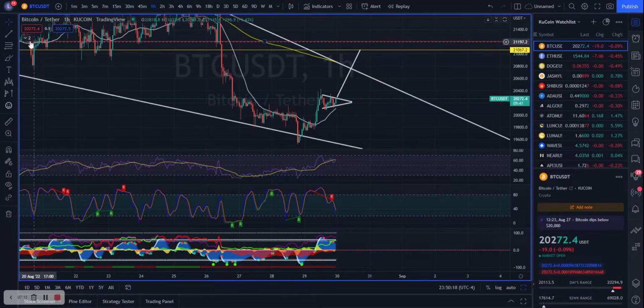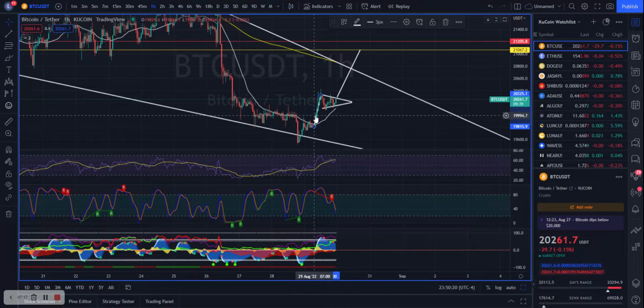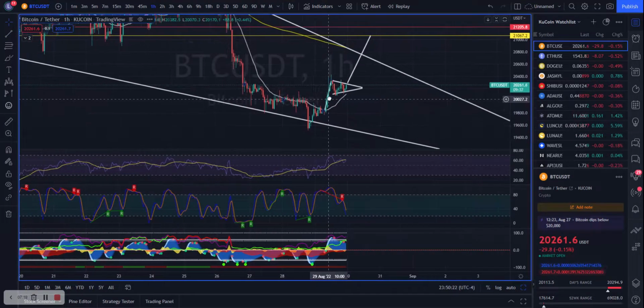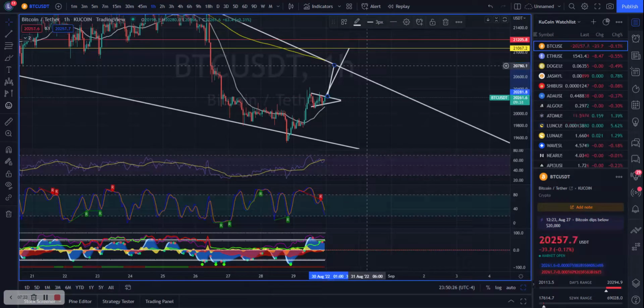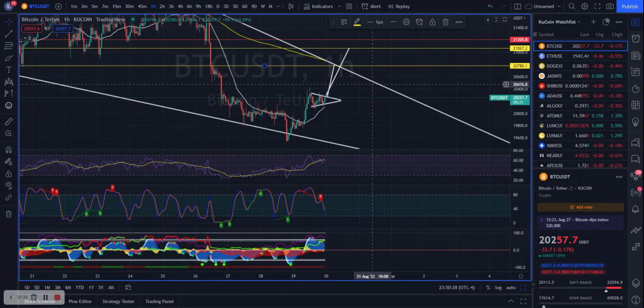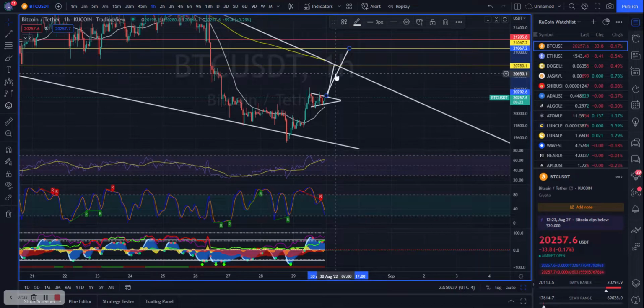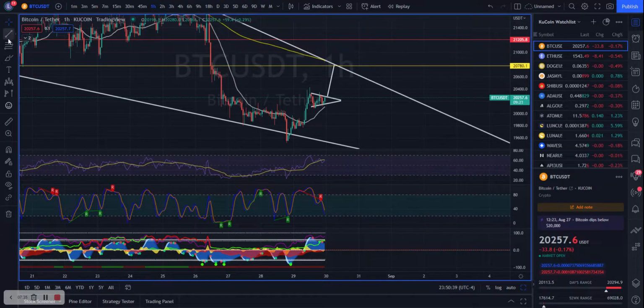This is a bullish pattern, but we could be more conservative and just take the flag of this area right here. And then that would actually bring us to the top of the pattern. So we have a conservative measured move to the top of the pattern, and then a longer measured move saying that we could break out. I'm going to take the more conservative one here because it looks like we have been bouncing in bull flags right here.